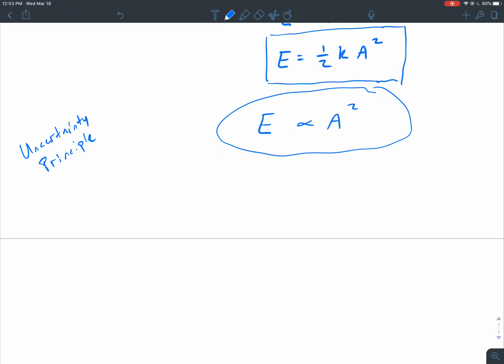We can't know the momentum and position at the same time. So quantum mechanics is a probabilistic theory.